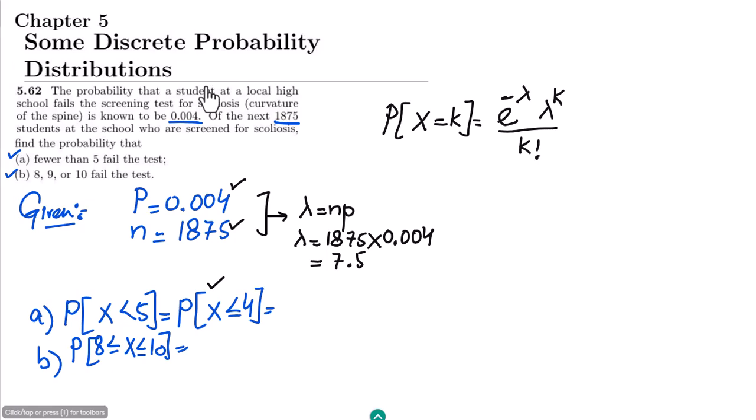We have to use it for 0, 1, 2, 3, 4 and then add them together. Apart from it, we can use the Poisson CDF table as well, where lambda is 7.5, and we want to find it for x less than or equal to 4.